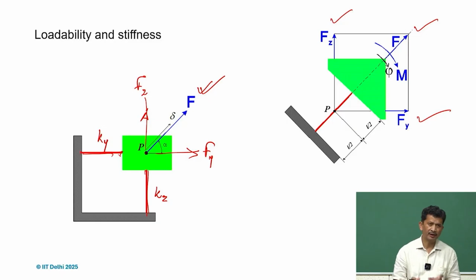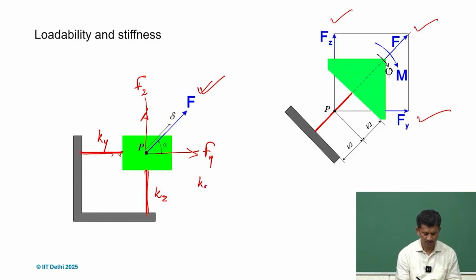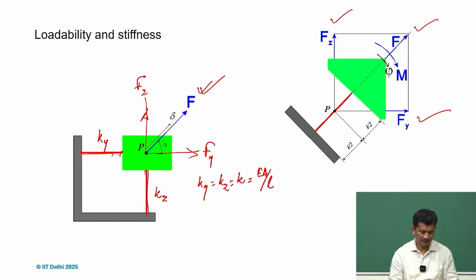So suppose we take equal length and the same area of cross section, so suppose Ky is equal to Kz equal to K, which is EA by L. So same area and same length, so the stiffnesses are the same. So what happens in that case?